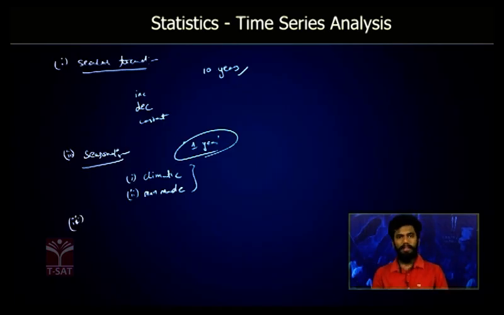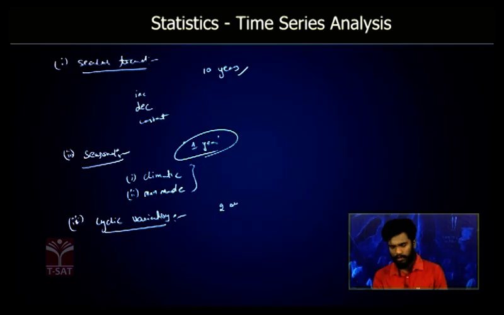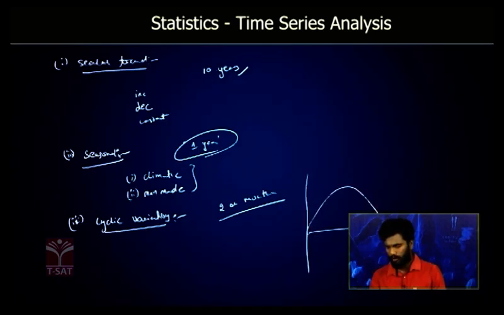The third factor we can say is cyclic variations. The cyclic variation usually considers a time period of 2 or more than 2 years. So in the cyclic variations there is a graph like this.